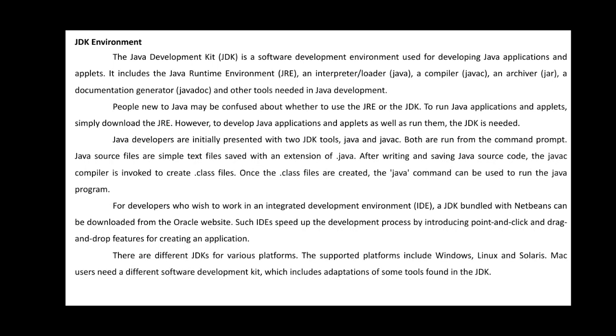The platform here is JDK. Within that you are going to have different tools called JRE, then Java, Javac, jar, Javadoc, and the Java library, or different types of other tools you are going to use. So this is all about your JDK environment.